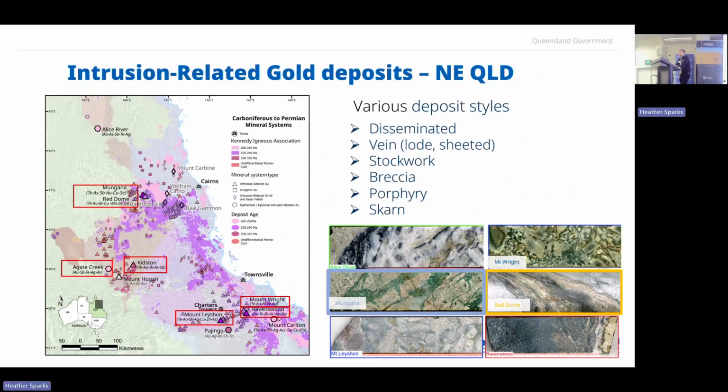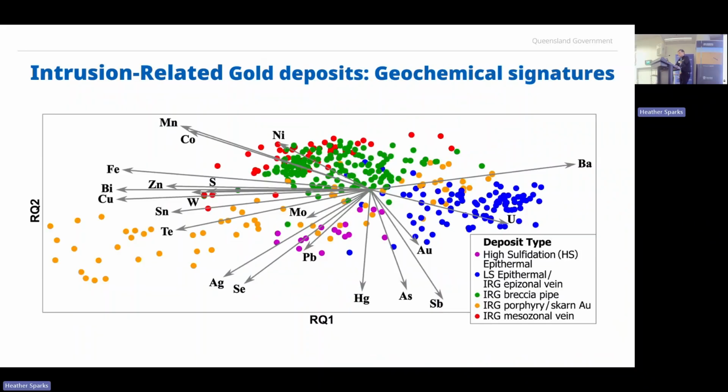Once we reviewed the complexity and variety of deposit styles, we did a systematic characterization of geochemistry in particular. This is the only bit of actual data information which I'm going to show in this presentation. It illustrates overall geochemical signatures of different types and styles of deposits.